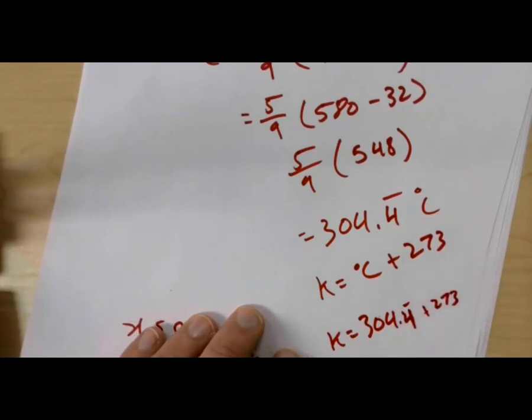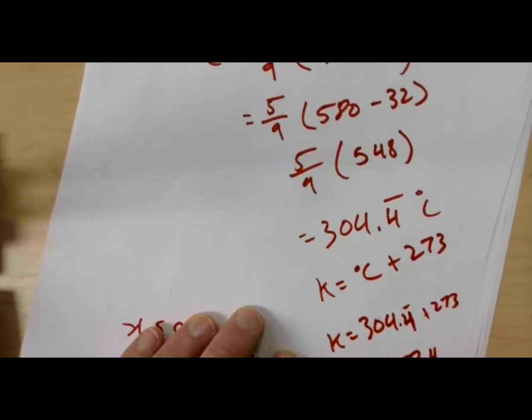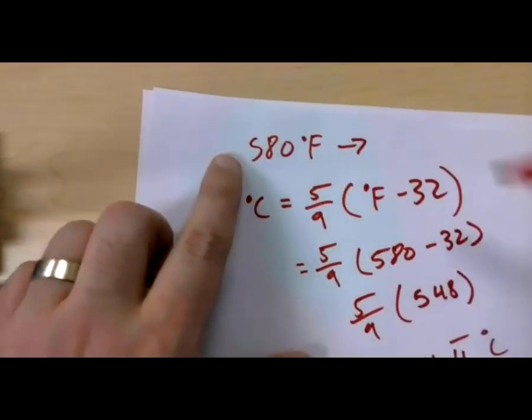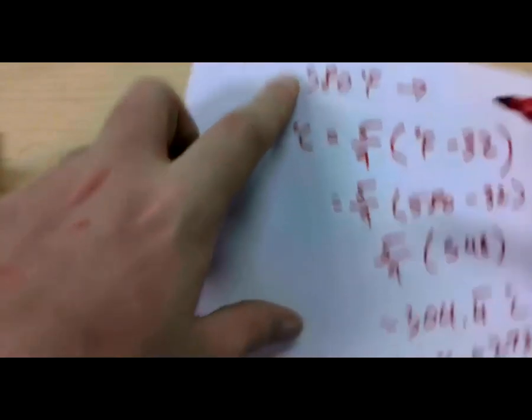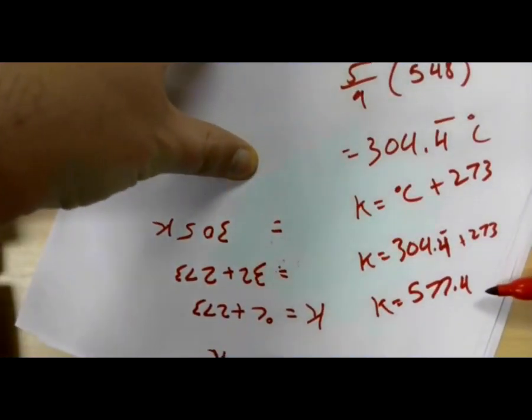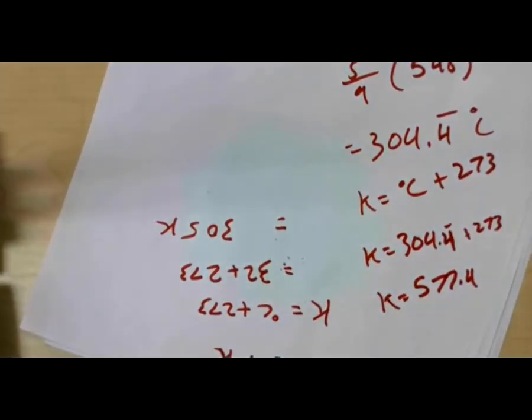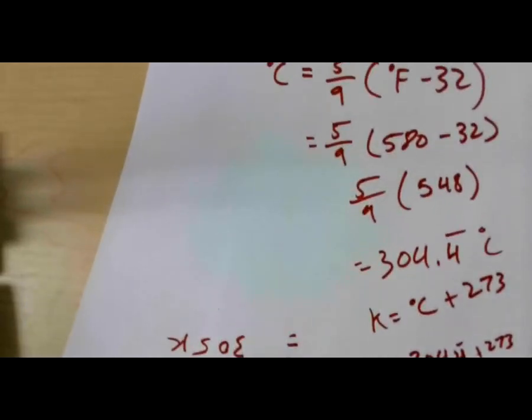So we're going to take our answer plus 273. And we end up with, hey, look at that, 577.4. So 580 degrees. So this is where both the Fahrenheit scale and the Kelvin scale kind of line up. We started with 580 degrees Fahrenheit, and we ended up with almost 580 degrees Kelvin as well. Okay.